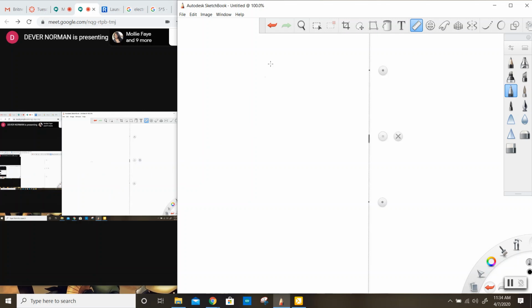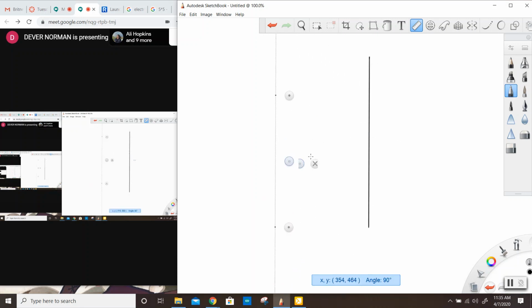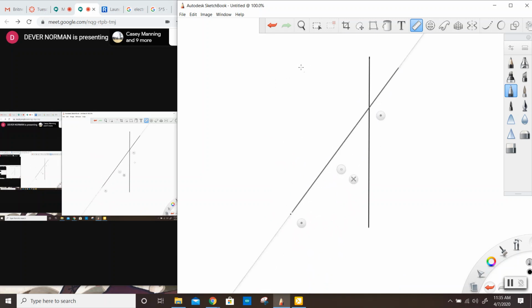Is that what you all are seeing? Yes, something changed. That's because I got rid of it. I was about to draw something else. Is that what that circle you keep moving is, like a line? This is my drawing ruler. I use it to draw lines with.